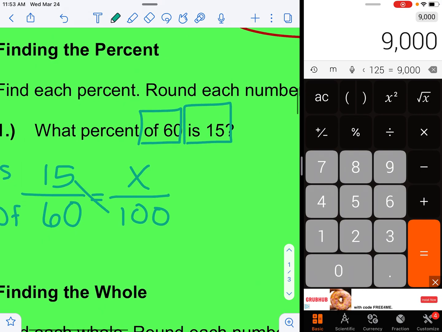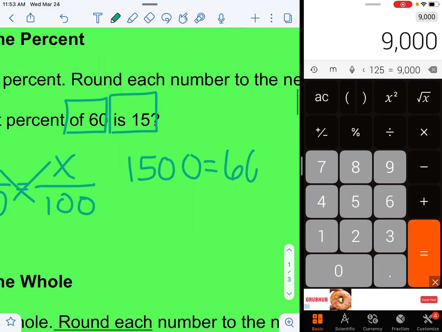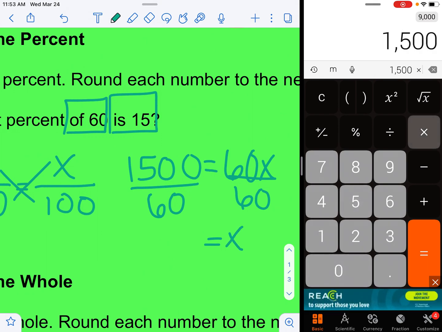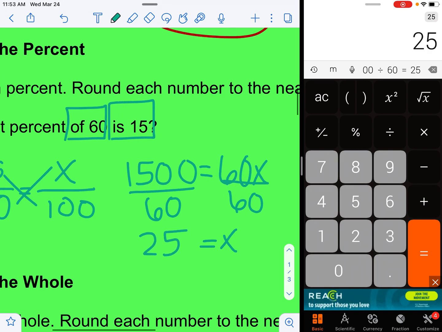Now we just need to cross multiply and solve. 15 times 100 is 1500, and that's equal to 60x. Again we need to solve for x, so we divide by 60. And we get x on the right hand side, 1500 divided by 60 gives us 25.